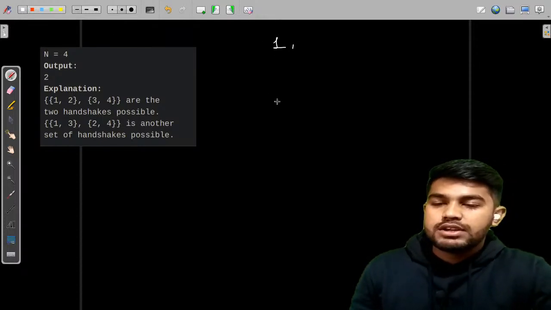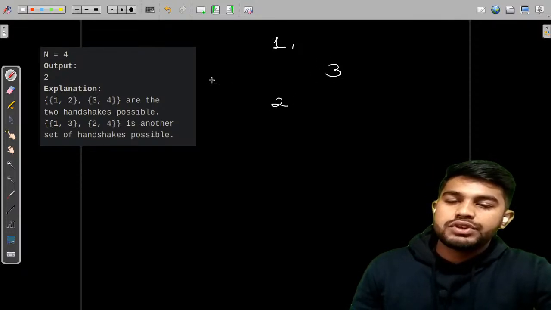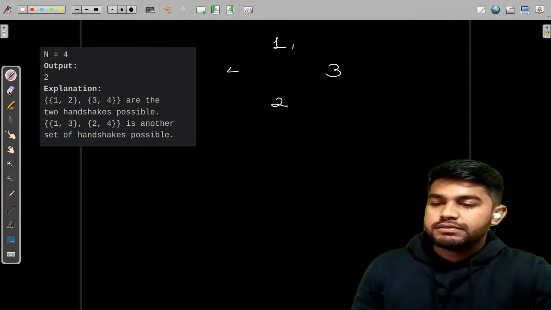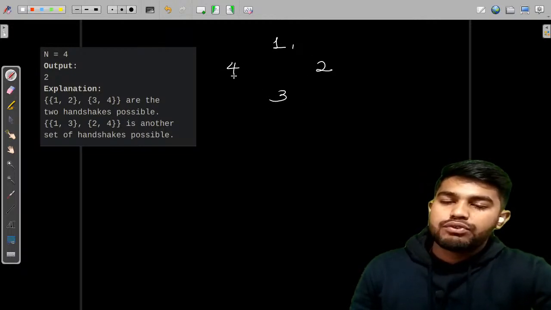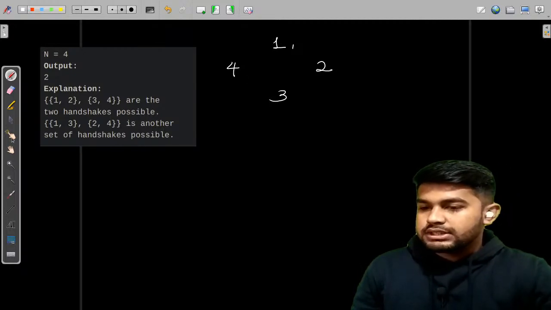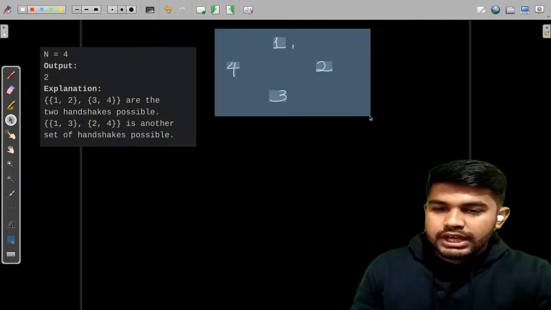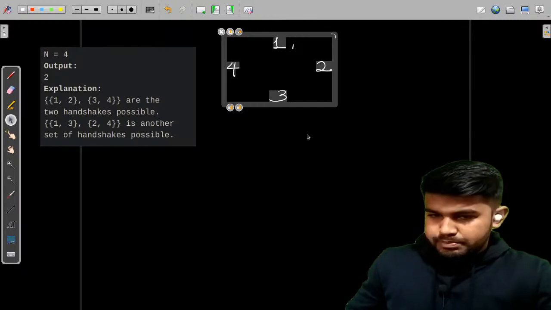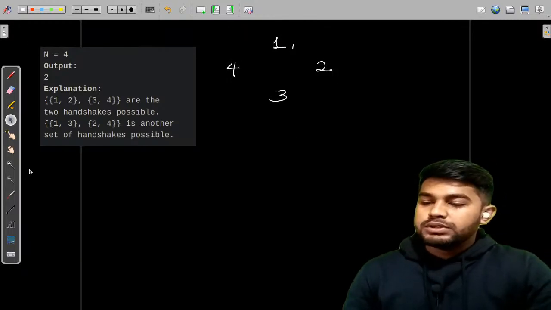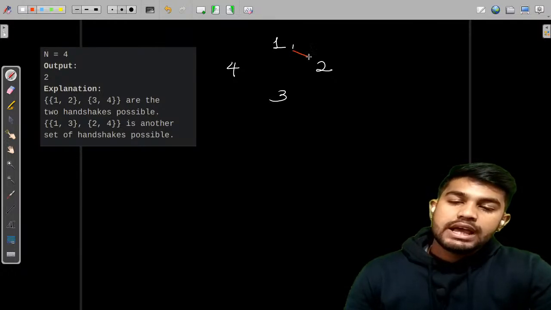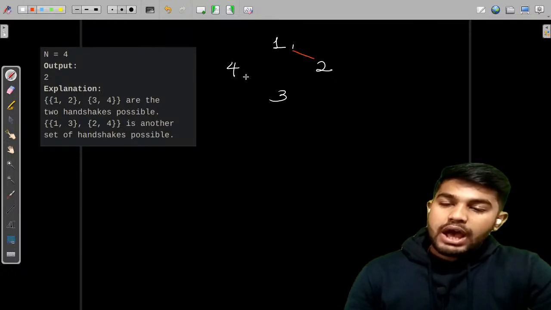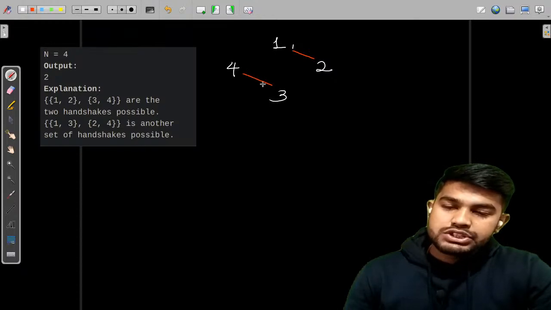Now suppose we have 1, 2, 3 and 4. Sorry, we can't draw this well, sorry about that. Let's copy it so that we can paste it. Now suppose there can be a case where 1 is doing a handshake with 2 and 4 is doing a handshake with 3.